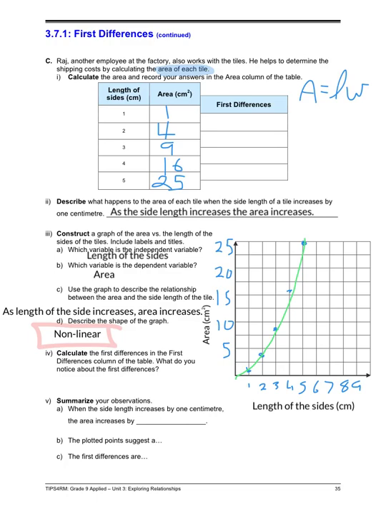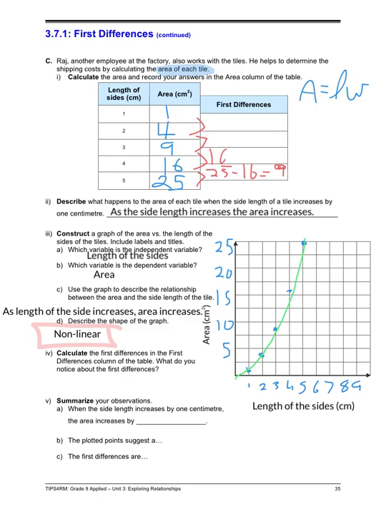Alright, next we're going to get our first differences. So we'll go up to our first difference table, and just like before, we're going to subtract the numbers from each other. We will take 25 and we will subtract 16, which will give us a first difference of 9.